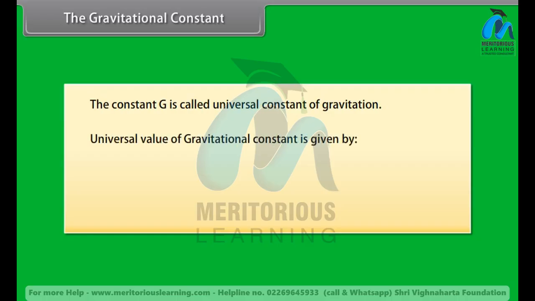The universal value of the gravitational constant is given by G is equal to 6.67 into 10 to the power minus 11 Newton meter squared per kilogram squared. The dimensional formula of G is M to the power minus 1 L cubed T to the power minus 2.